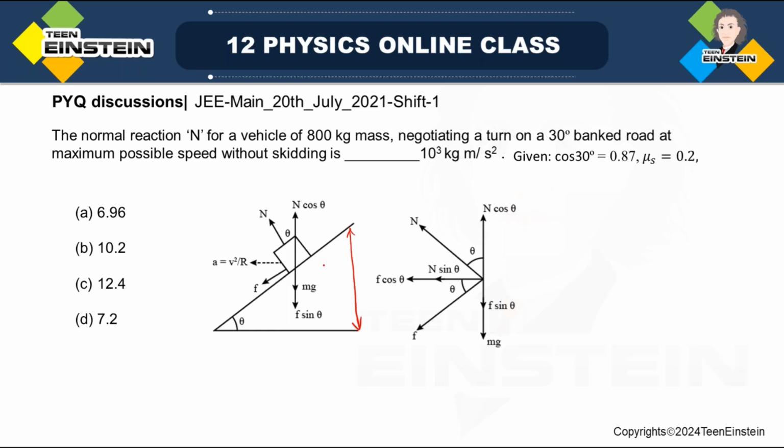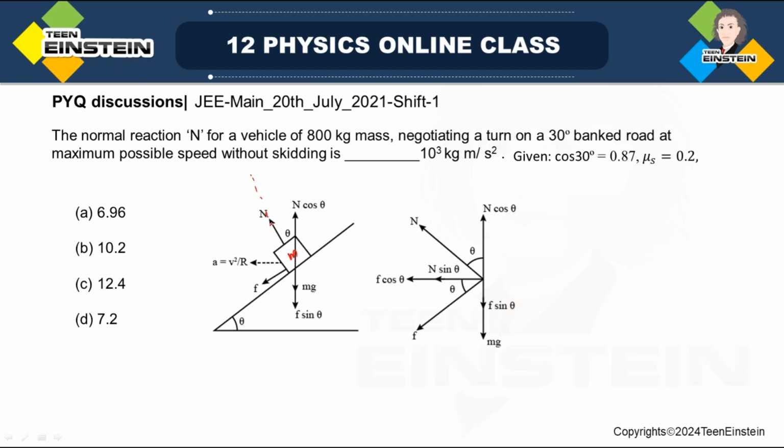Here there are a few things which we need to know. See, this is the object. Suppose this is the car having mass m. Then in the banked road, the normal reaction is going in this direction on the car.